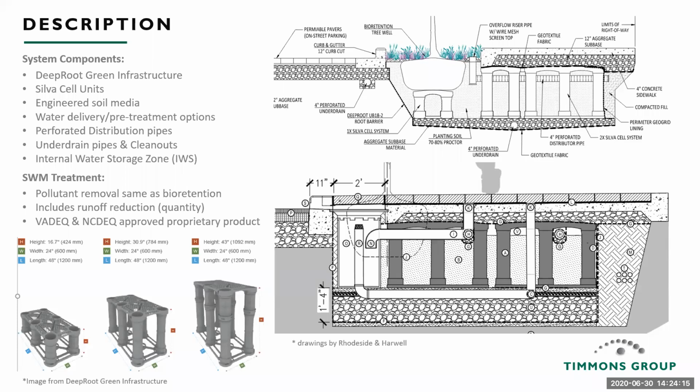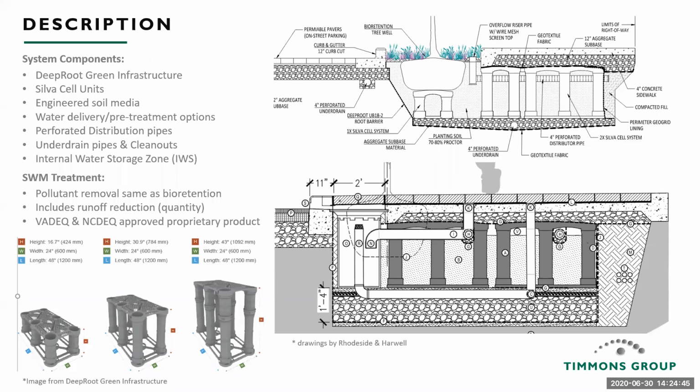These consist of vertical structural columns. You can see there in the lower left-hand corner that would essentially suspend the pavement or the sidewalk above and allow for uncompacted or less compacted soil to be placed beneath it, mostly to promote tree growth in urban areas, but also to provide stormwater filtering towards a project's stormwater management goals.